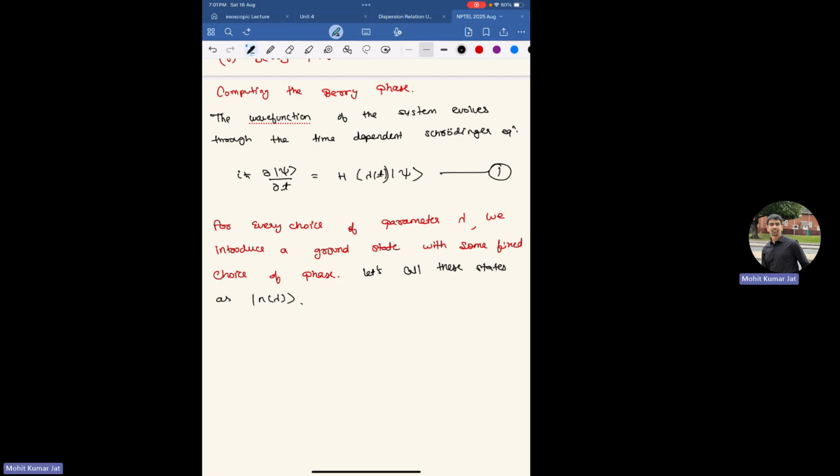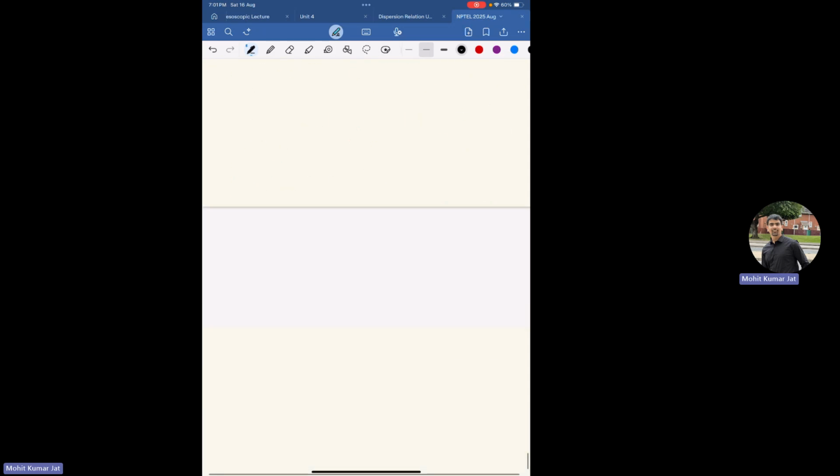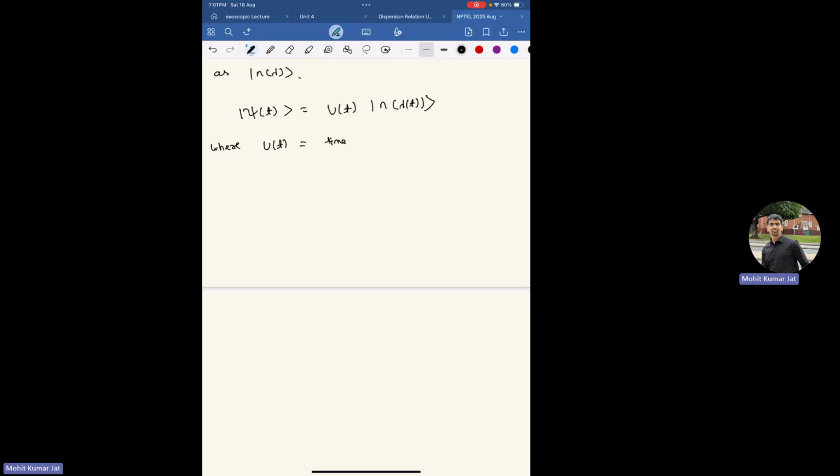And we know, as we have seen in the adiabatic theorem, that the ground state psi(t) can be written as u(t) times |n(lambda(t))>, where u(t) is some time dependent phase.